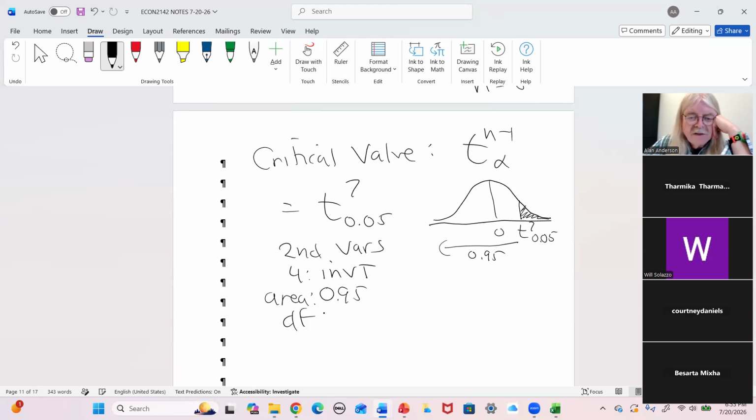And the degrees of freedom is 7. All right, let's see what we get. About 1.89.